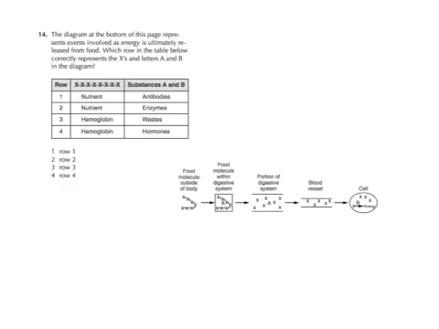So okay, now let's read the question. Which row in the table below correctly represents the X's and letters A and B in the diagram? Okay, so now we have to look for X's and A and B. Well, look at the X's, and we know that the X's were monomers as part of a polymer. They were part of a food molecule. We know that the X's are going to get broken down.